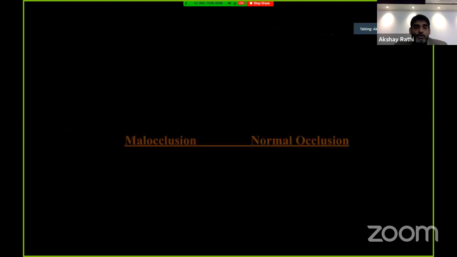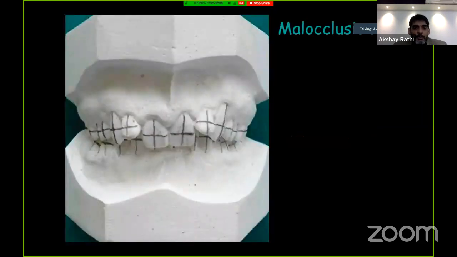And using the 6 keys that I gave you, we are able to identify the various components, whether it is a class 1 or a class 2 or a class 3 malocclusion, where here you can see that the centrals are retroclined, the laterals are proclined, the teeth do not have proper tone, there is deep bite, and so on and so forth.